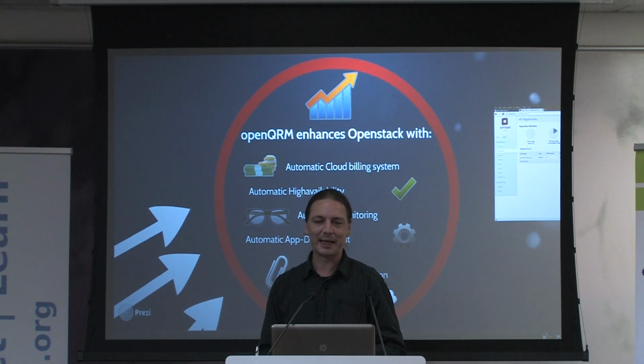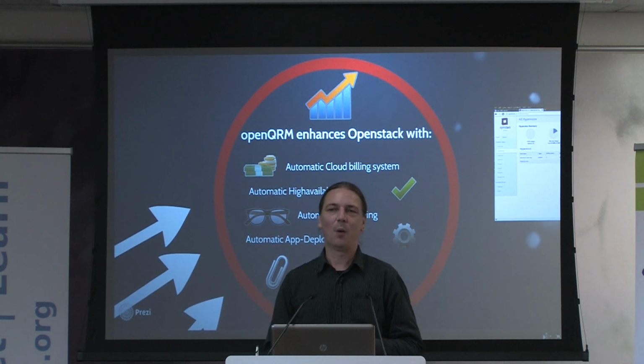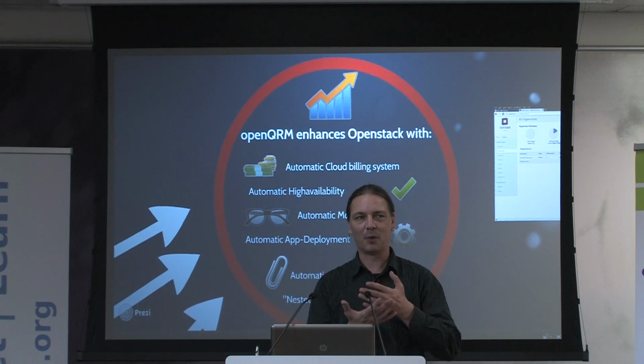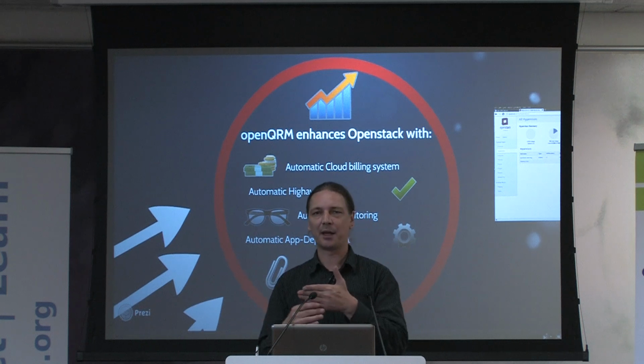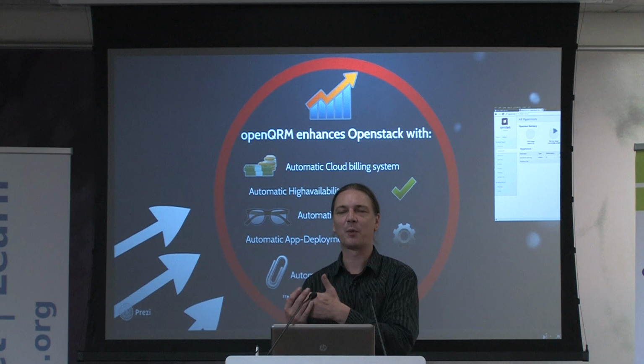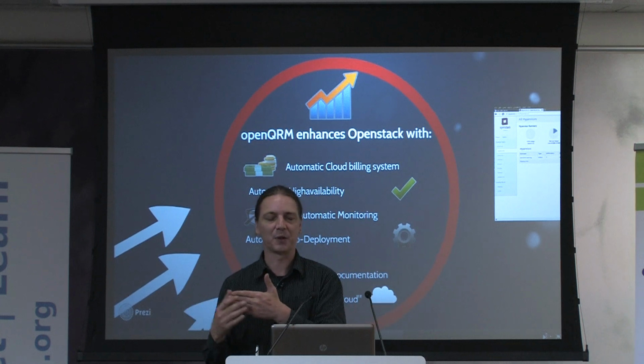One more thing: the nested multi-cloud. What we can do with openQRM, as I said, is we have a model of a resource provider, which can be a virtualization technology, a bare metal system, or a cloud provider like Amazon, OpenStack, Eucalyptus.